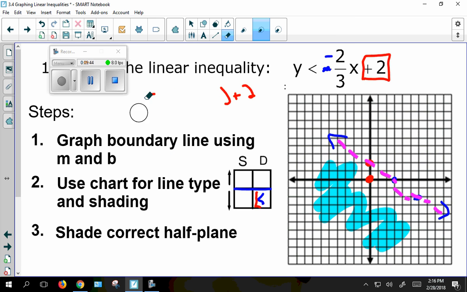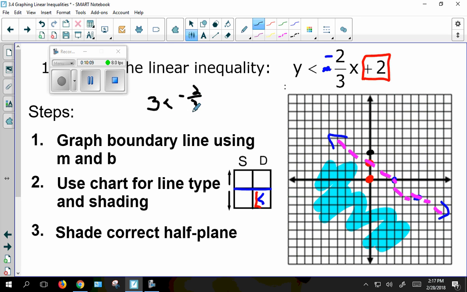Let's do one that's false. Let's do 0, 3. 0 is my x, so 3 is my y. 3 is less than negative 2/3 times 0 plus 2.